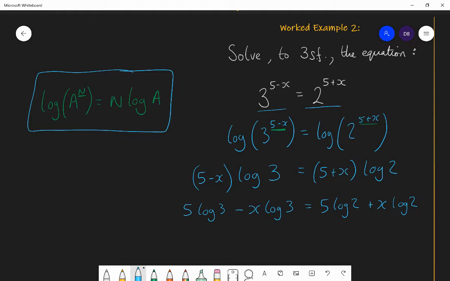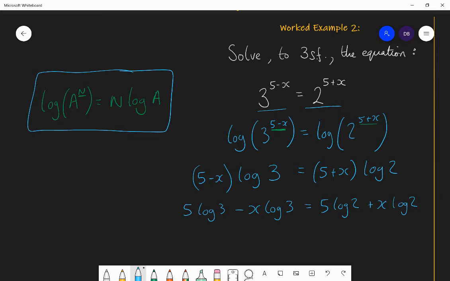It's better to write x log 3 than log 3 times x, because if you write log 3 times x, people might think that's log of 3x, when in fact you mean log of 3 multiplied by x. That would need brackets to make sure we understood. But if we put the x first, then there's no need for that. So x log 3 is the better way of writing log 3 multiplied by x.